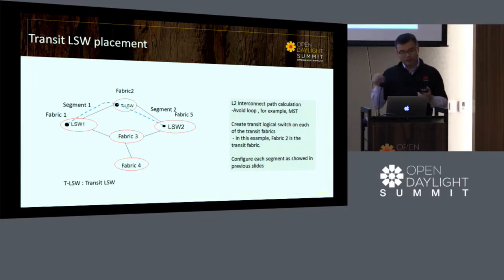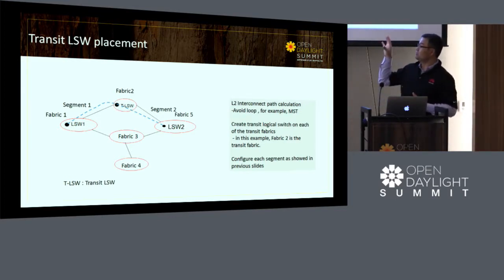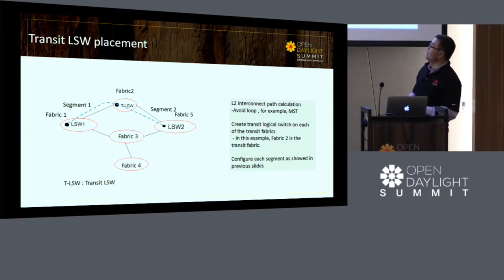So for the layer 2 interconnect, as I mentioned before, I gave you a very simple example. If the two fabrics are physically just neighbors, that's easier. But if they have some fabric in the middle, you have to calculate the path between the logical switch 1 and logical switch 2 you want to interconnect.